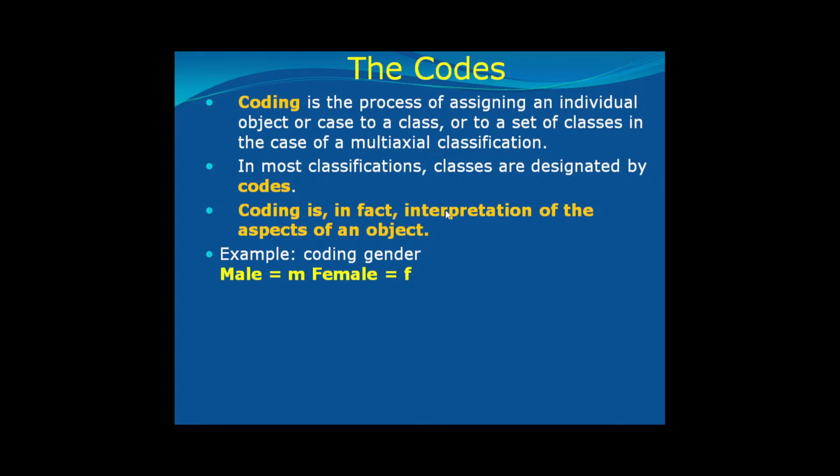Coding is, in fact, interpretation of the aspects of an object. For example, if we want to code gender, we can use one letter only: for male, M, for female, F. This is a simple example of coding gender.